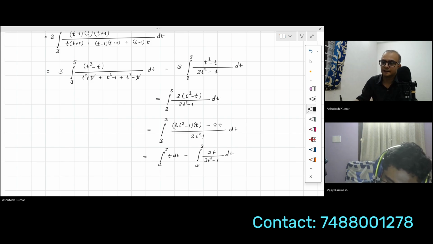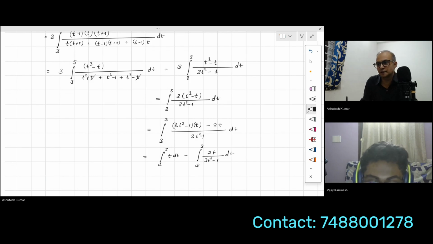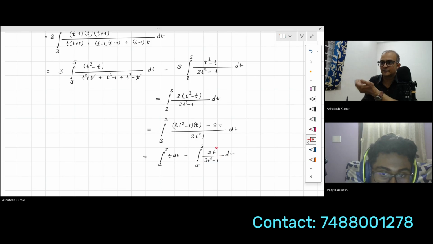And notice in this way what we did, that we have an exact derivative here. Forget about these constants, we can manage. If you take this whole thing as u, its derivative is present there as a constant factor, correct? And here is an exact derivative. Understood?